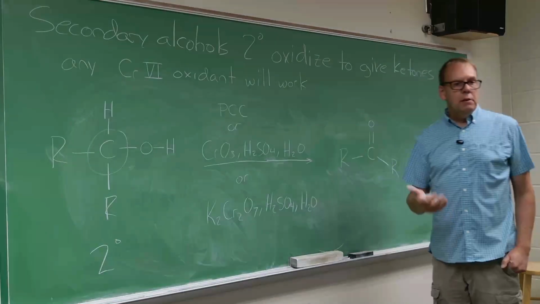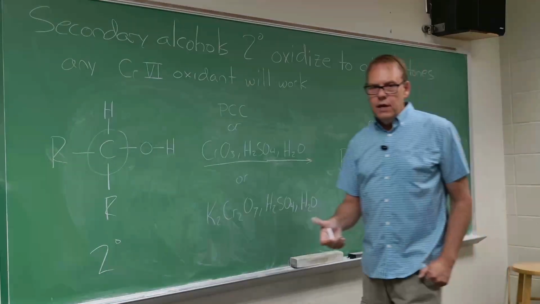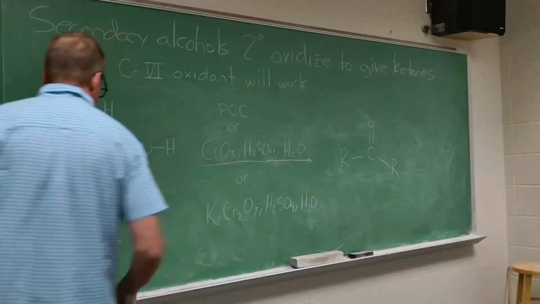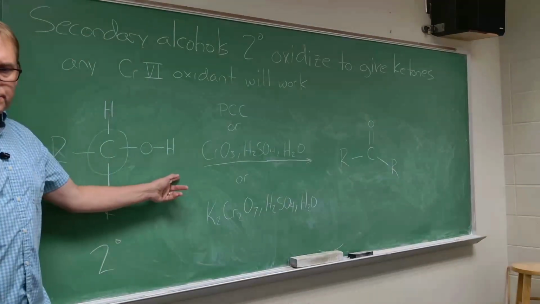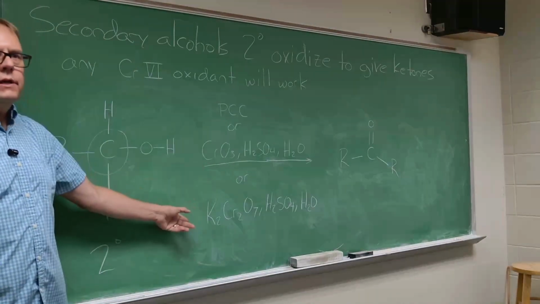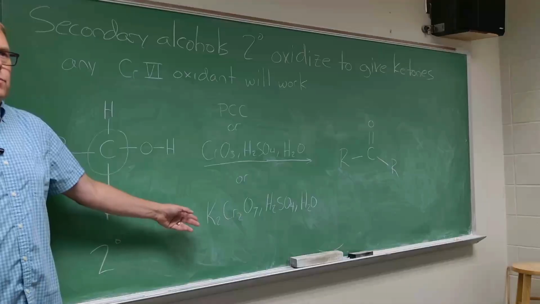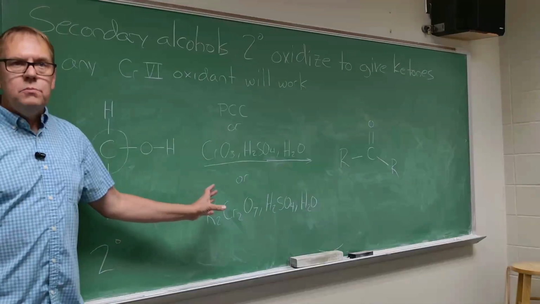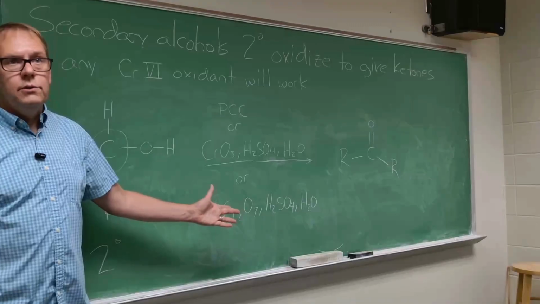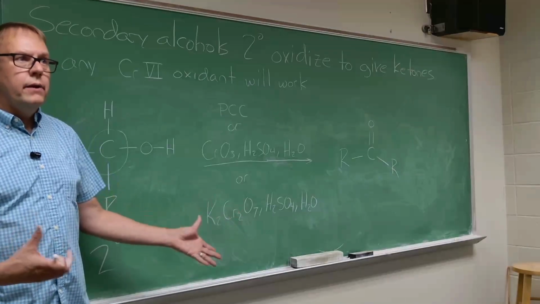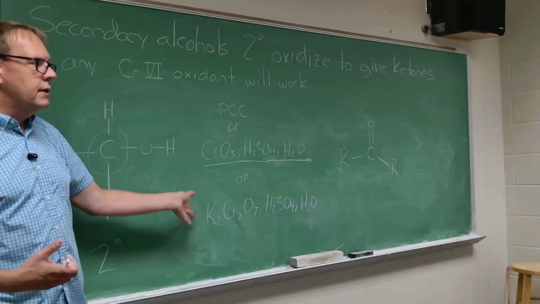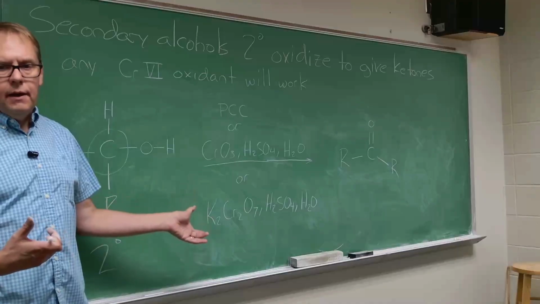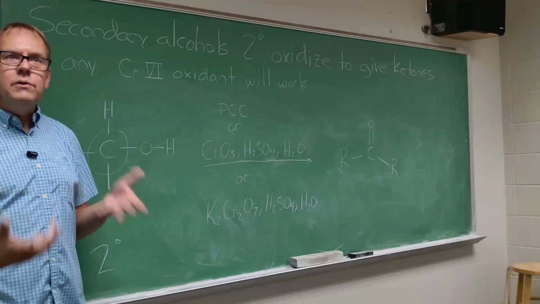And there are many more ways you can do this reaction, not just using one of these chromium-6 reagents, which, by the way, are really toxic and have to be disposed of in a certain way. There are better oxidants. Like this week in lab, we used bleach. That's one good way to do it. These are just classic examples used to illustrate how you can do a reaction.